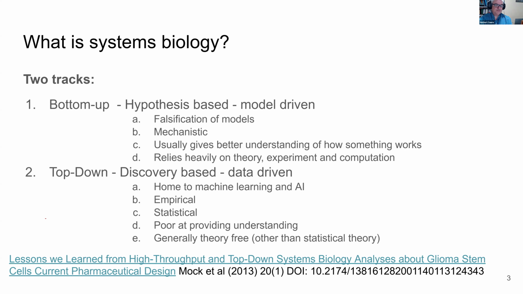It's generally theory-free, other than the use of some statistical theory. And then there's graph theory, but ultimately, I don't think the graph theory really helped that much. So that's sort of the differences between the two. One is sort of more classical science, and the other one is a more modern scientific approach.